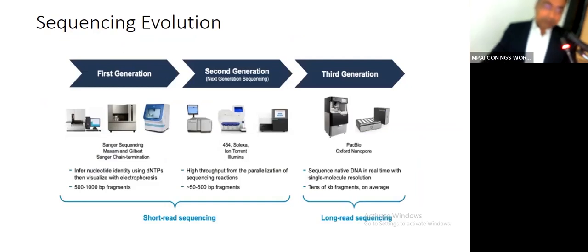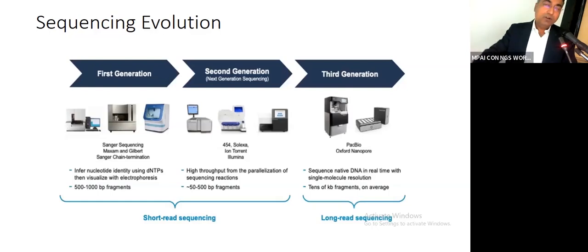As shown by Dr. Pratik, there are first generation sequencers, which began with Roche, and subsequently second generation, which commonly include Illumina and Thermo Fisher Scientific, two of the platforms.